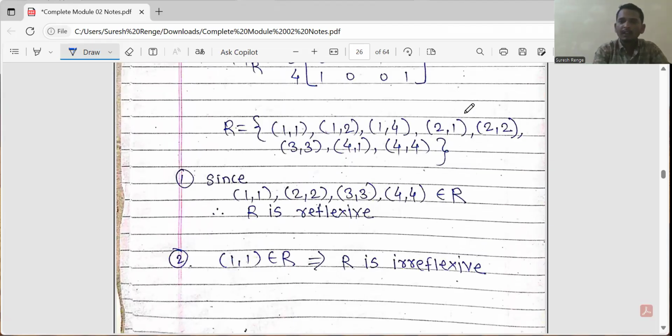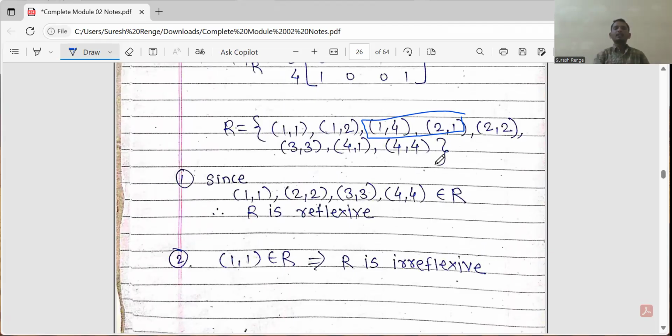Let us observe these two different elements, (2,1) and (1,4), which belong to that relation. Means A is related to B, B is related to C. Then what does the transitivity property say?